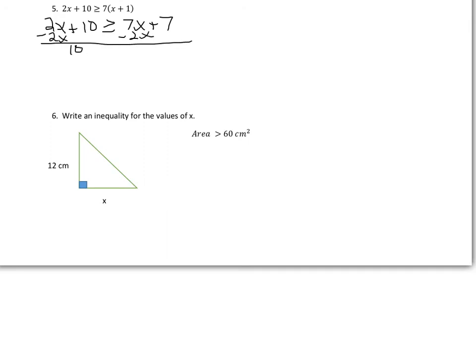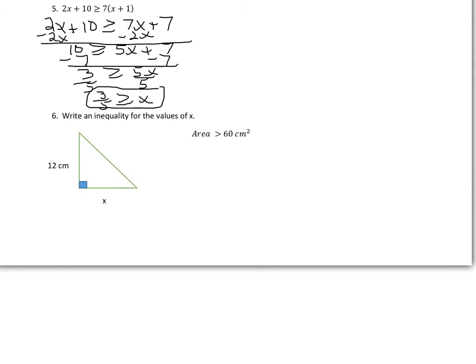So we get 10 is greater than or equal to 5x plus 7. Then we'd subtract 7 from both sides. We get 3 is greater than or equal to 5x. Divide by 5. And we get 3/5 is greater than or equal to x. And it's okay if we get a fractional answer.